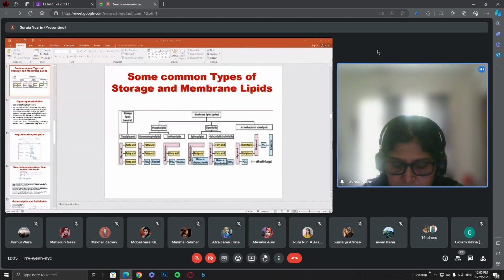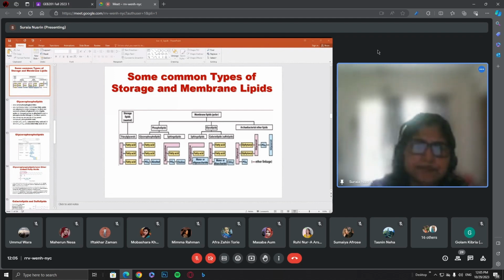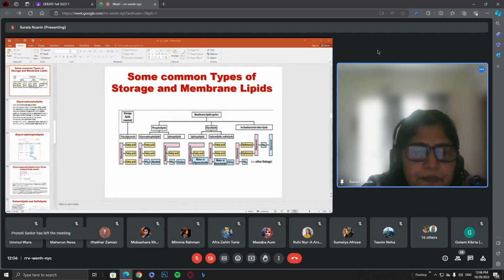Under the phospholipid, according to this flow chart, you can see there are glycerophospholipids and sphingolipid. So first we will look at the glycerophospholipid, which are also known as phosphoglycerides, and it will be much easier if you look at this chart. This is the general structure of glycerophospholipids, where we can see the glycerol, which is the alcohol, with 3 carbons, 1, 2, 3.